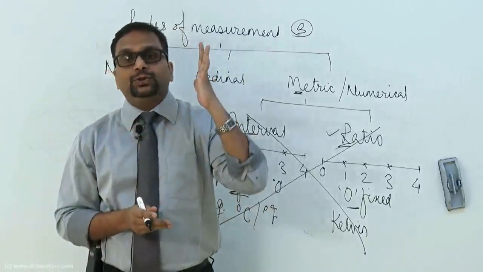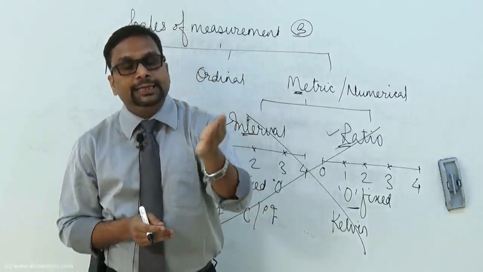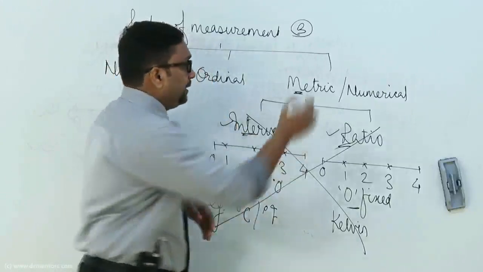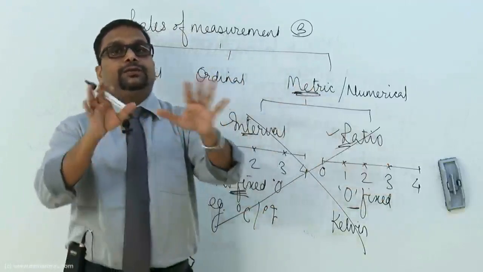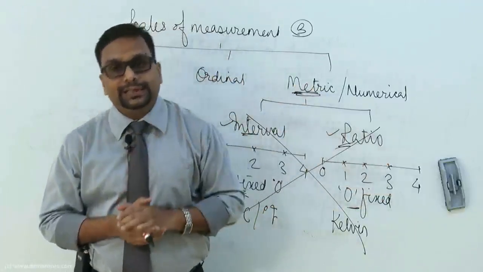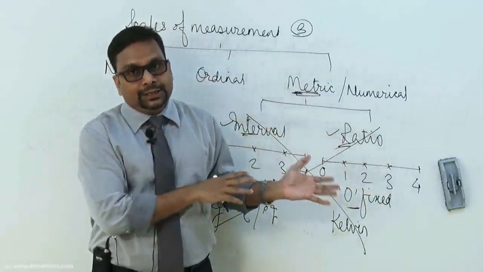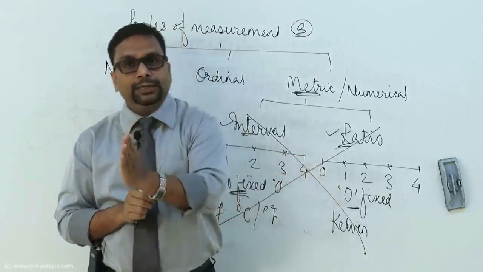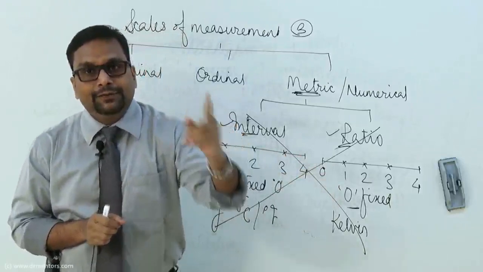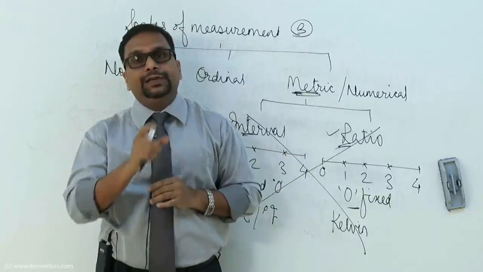So I don't want that confusion to happen. Whenever you are studying that there are 4 scales, always remember that the book will divide metric scale into interval and ratio. That is why I have clarified here. So now I will say there are only 3 scales of measurement, nominal, ordinal and metric, where metric is further divided into interval and ratio.